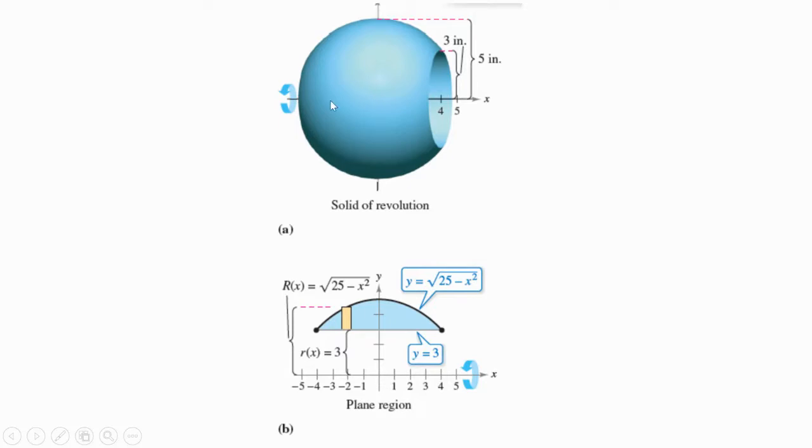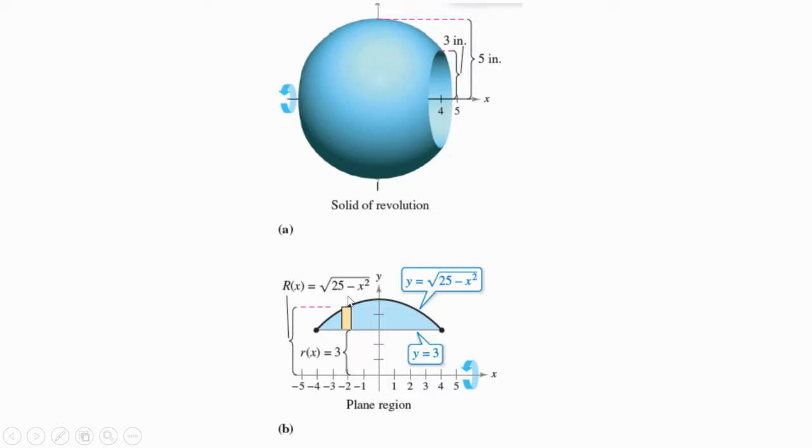But what happens here in the plane is you're taking something and rotating it around the x-axis. That's when z is equal to 0. You have to think about that. So we're rotating around the x-axis, and here is the outer piece of the sphere.